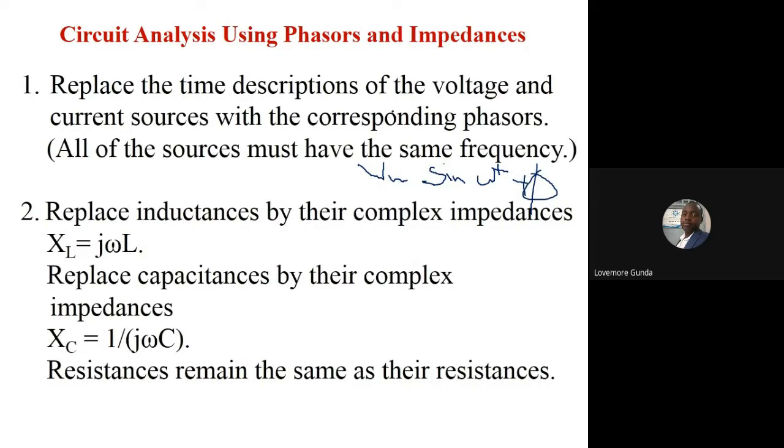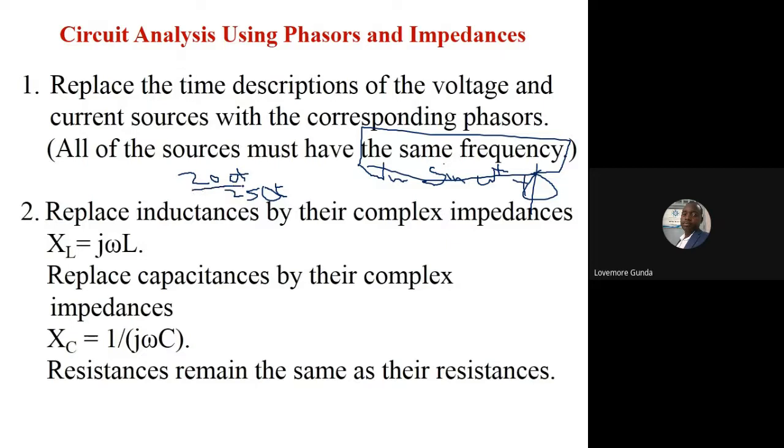So replace the time description of the voltage and current sources with corresponding phasors. All of the sources must have the same frequency. This is very important. If you find 200t and 250t, you cannot add them because they are not at the same frequency. That is very, very important to take note of.